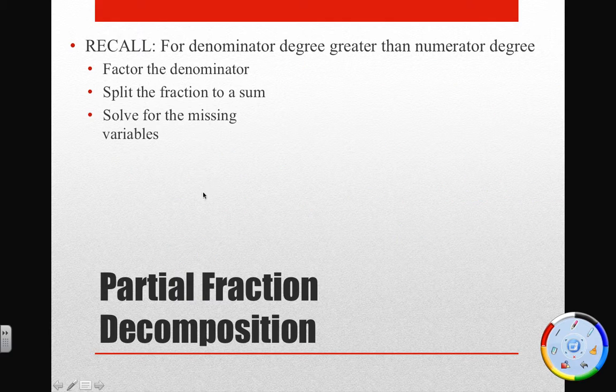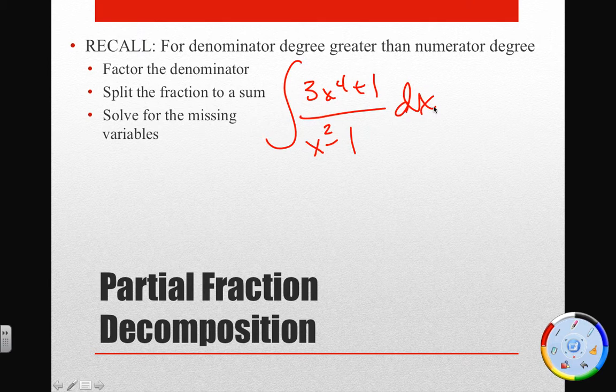What if I had, for example, 3x to the 4th plus 1 over x squared minus 1, and I told you to integrate this? Well, I would have to decompose this fraction again. But decomposition is for a denominator greater than the numerator. I don't have that, but I can get that. You guys are going to hate me, but you're going to need to do some long division.